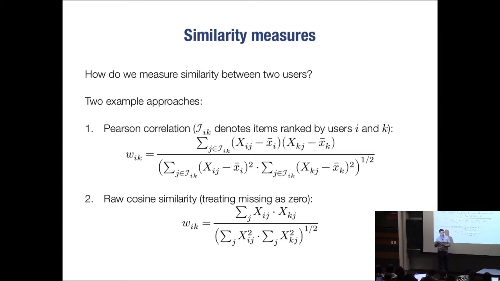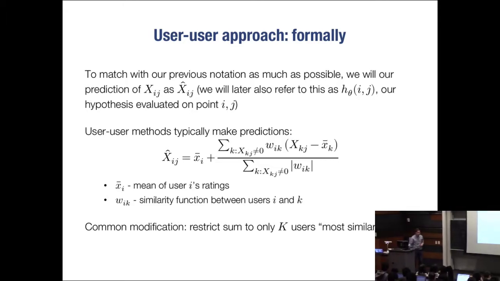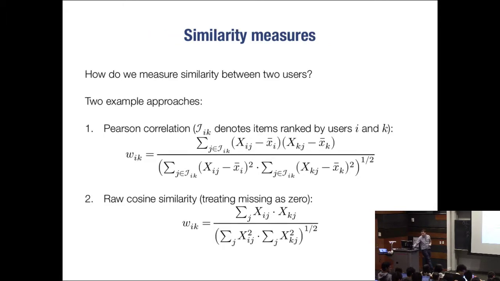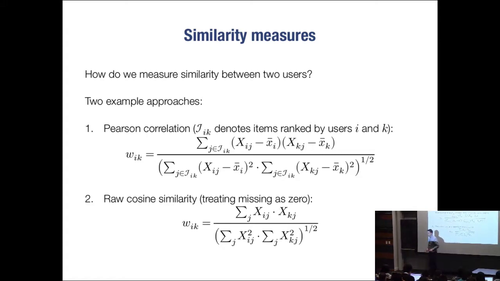J is always something over items, and when we sum over this here, we're summing over users K. It's a little confusing with the notation, but the way to remember which is which is to look at how they're used in this X matrix: if they're in the first index, they have to be a user, and if they're in the second, they have to be an item.